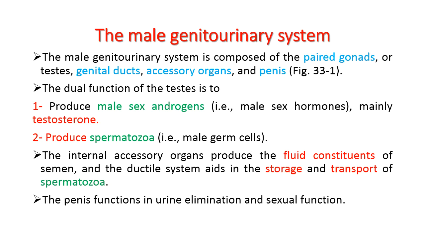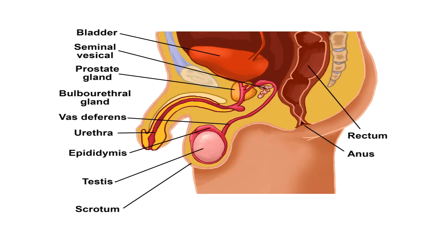The internal accessory organs produce the fluid constituents of the semen, and the ductile system aids in the storage and transport of spermatozoa, while the penis functions in urine elimination and sexual function.